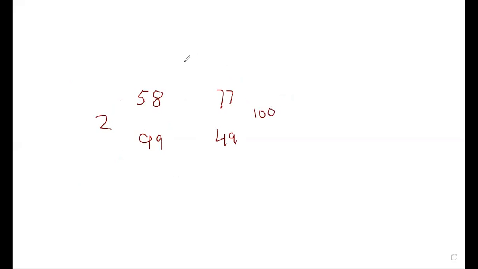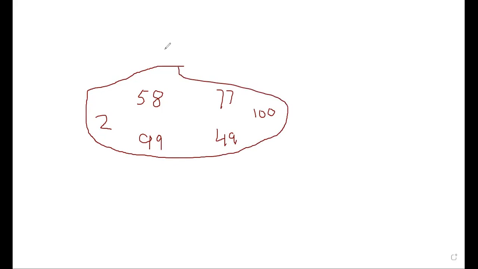Remember, now we are doing descending order. Now we are going to write it in descending order. Descending order means that we have to start from the largest one. And which one is the largest in this oval? The largest one is 100, and after 100, the next is 99.